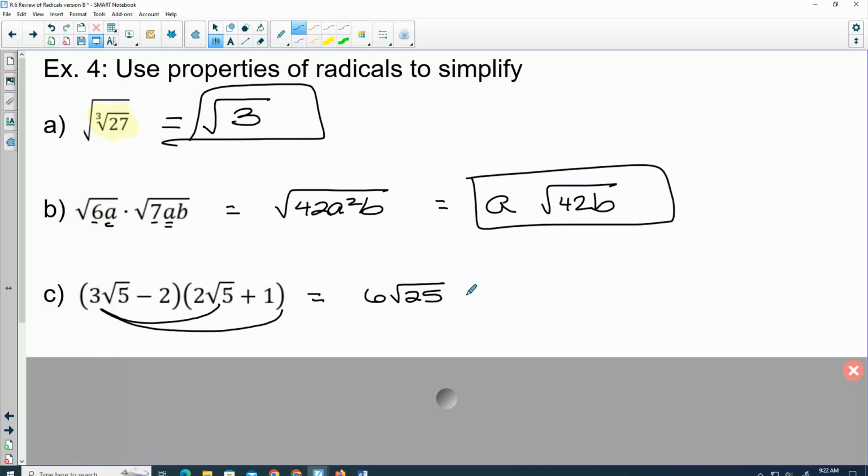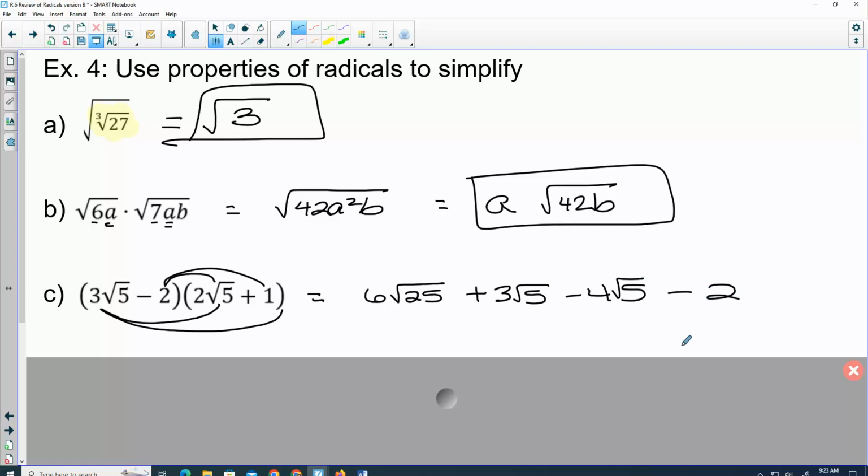Outside, the 1 does not have a radical, so you just take the 1 times 3, which is 3, and the radical 5 stays. Inside, negative 2 times 2 is negative 4, the radical 5 stays. And last, negative 2 times 1 is negative 2.